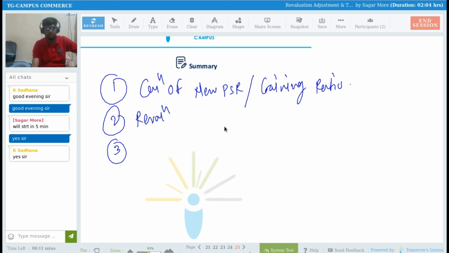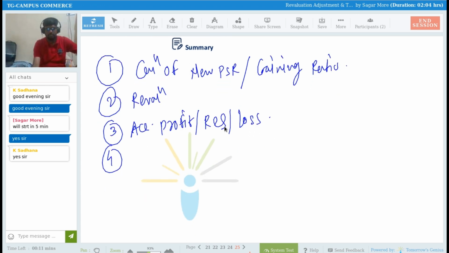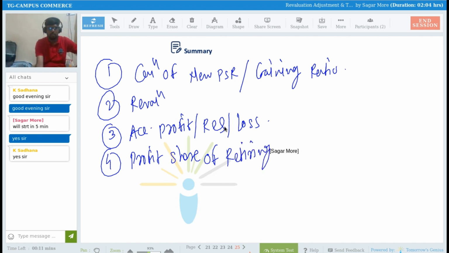Third, we understood the concept of accumulated profits, reserves and losses, right? Fourth, we understood the profit share of the retiring partner till the date of retirement of a partner, right?